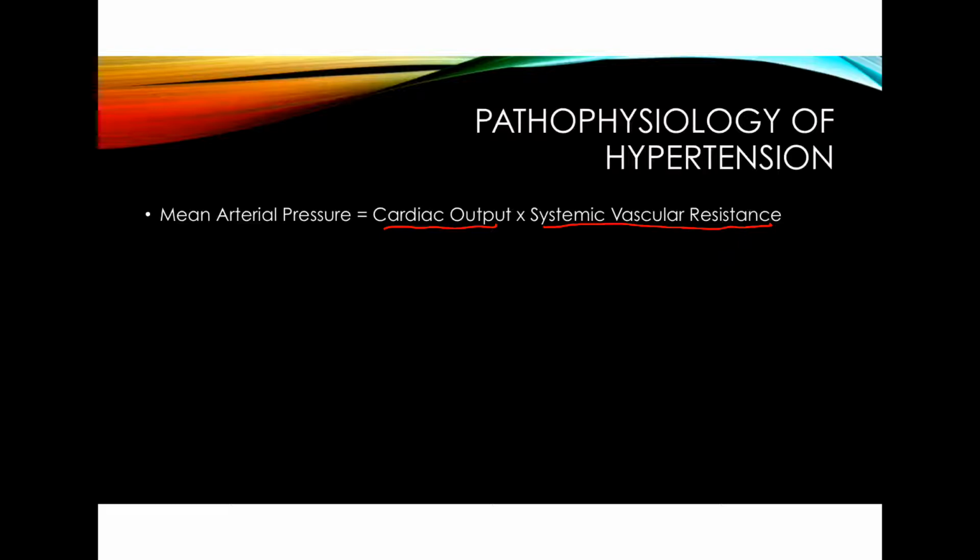So a patient might be hypertensive because their cardiac output might be too high, which could be from increased heart rate, increased cardiac contractility, or increase in the cardiac preload.